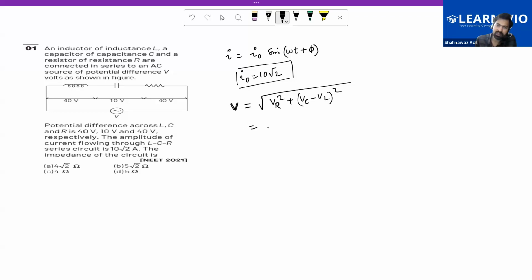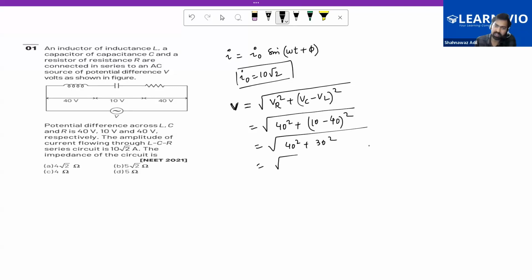VR is 40 square, and then VC minus VL, so VC is 10 and minus VL, that is 40. So this would be 40 square and then this is 30 square.